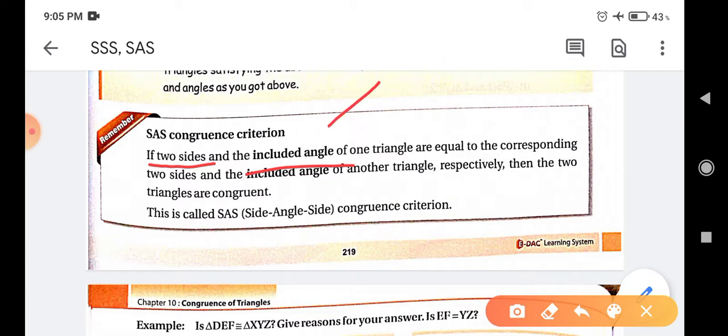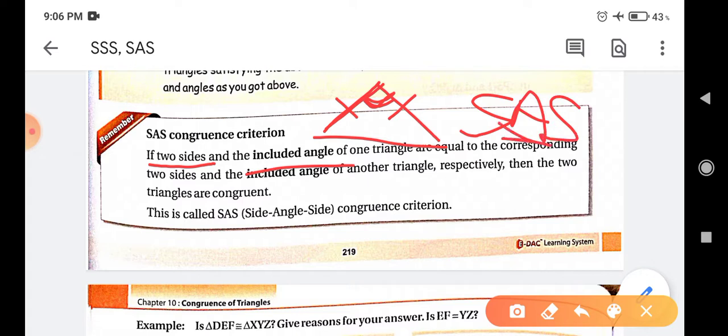If we take this side and this side of a triangle, then the angle should be this angle, which includes both these sides. So this is called SAS.